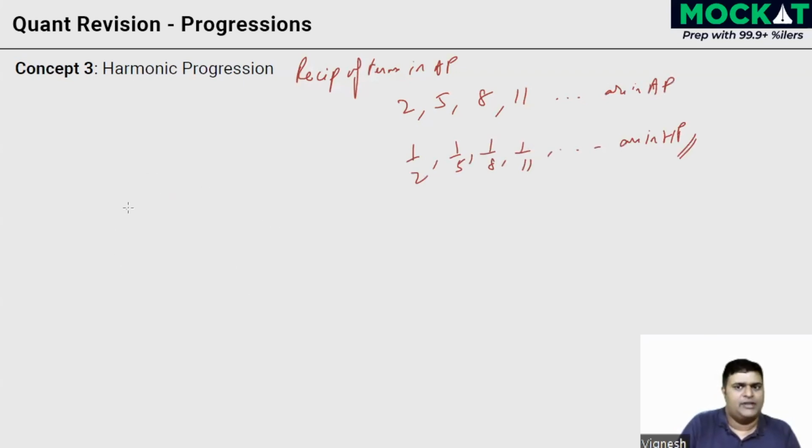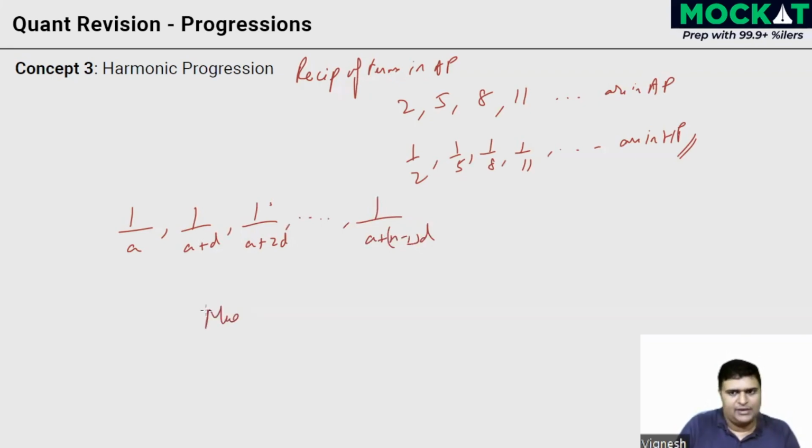So how do I define HP? 1 by A, 1 by A plus D, 1 by A plus 2D, and so on till 1 by A plus N minus 1 into D. The median term over here is going to be the harmonic mean of the HP. The entire thing, if I take the harmonic mean, that's my median term, right?